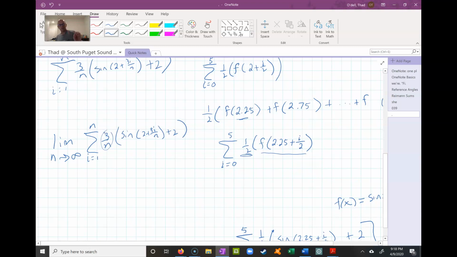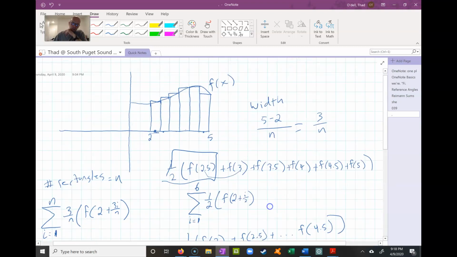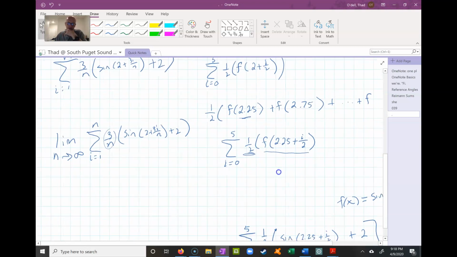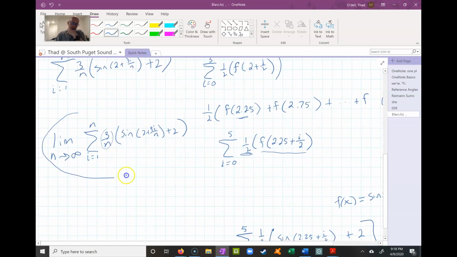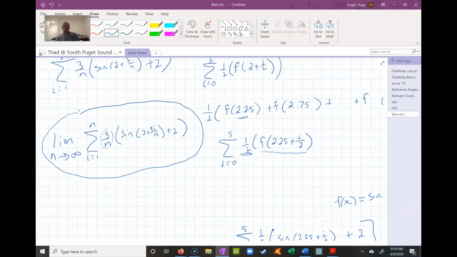So the width gets smaller and smaller. And so the margin of error up here, these little error pockets, are going to get smaller and smaller. And what happens is that this limit is approaching the actual, exact area. So that's why we want to be able to write this in terms of sigma notation.